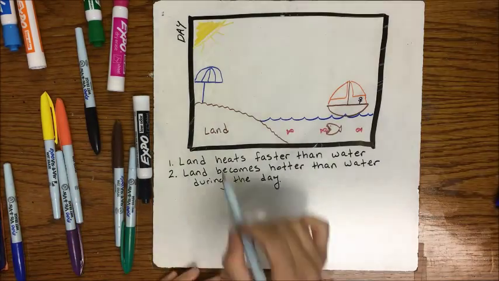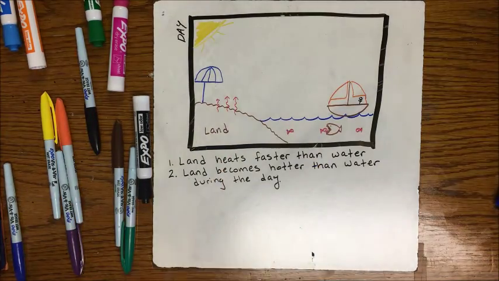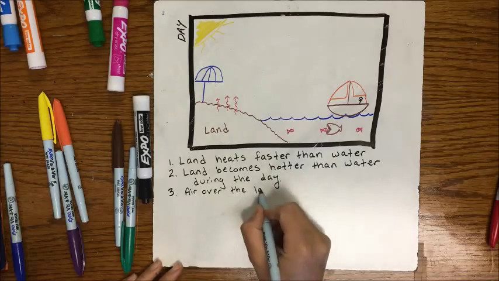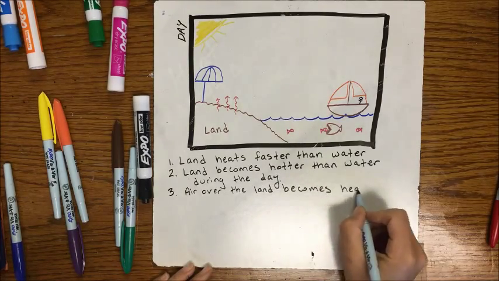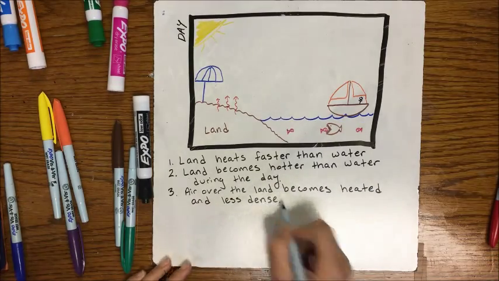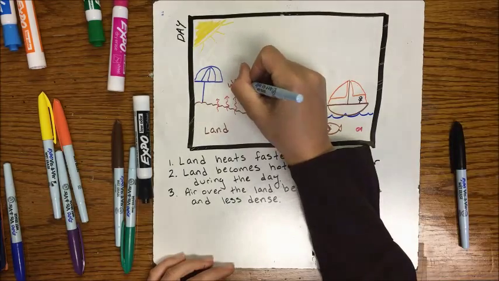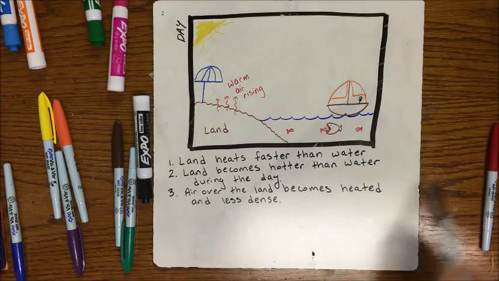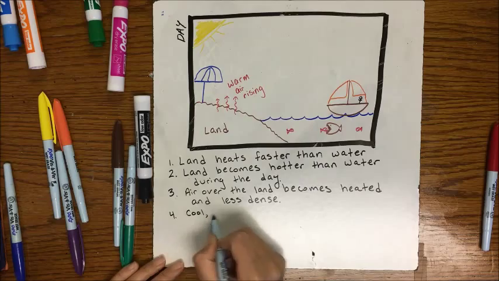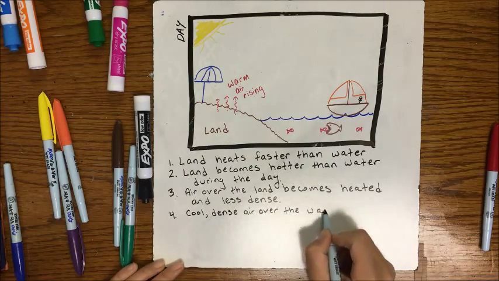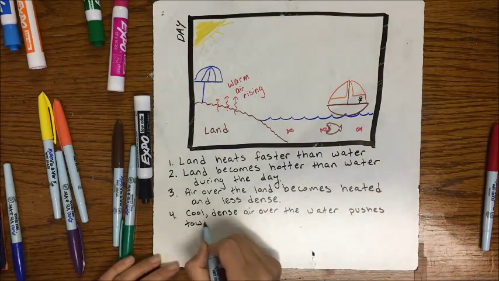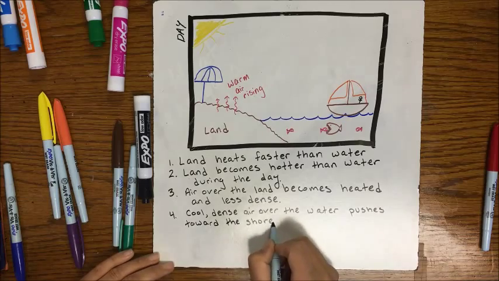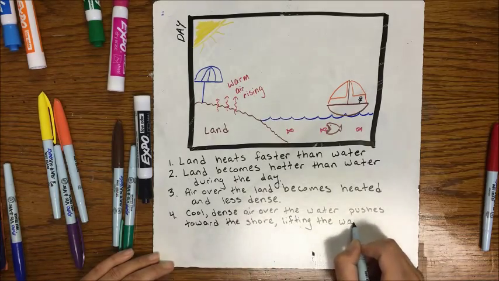As we know, when the land absorbs the heat energy, it turns it into infrared energy, and it heats the air above the land. So the heated air above the land becomes less dense because it is warmer, so it begins to rise. The cool air that's over the water pushes towards the land, and it begins to take the place of that warm, rising air, and it pushes it up more.